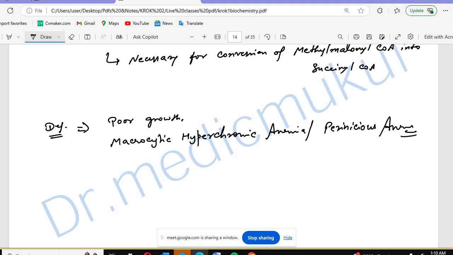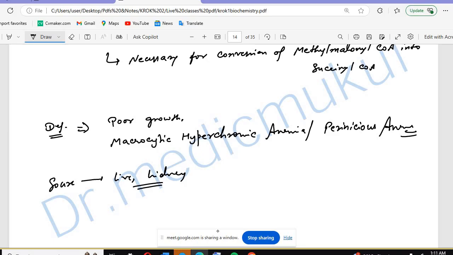And the source, which you already know: liver and kidney will be the excellent source, and meat and fish. All animal products will be the source, not green leafy vegetables. You will not get vitamin B12 there.